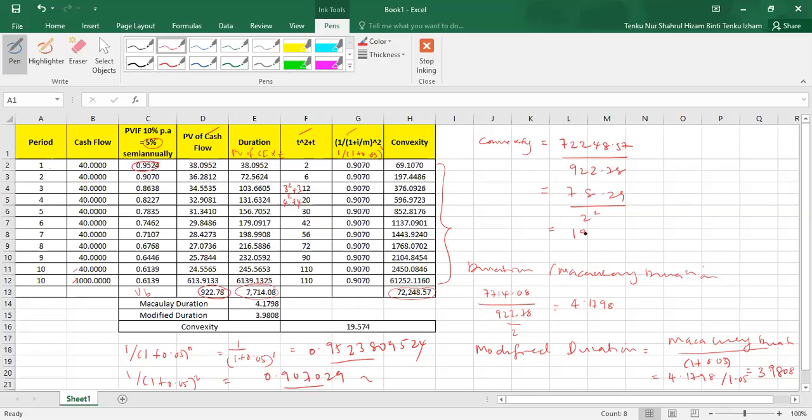Therefore, you get 19.5736. So that's all, guys, for the calculations for duration, modified duration, as well as convexity.